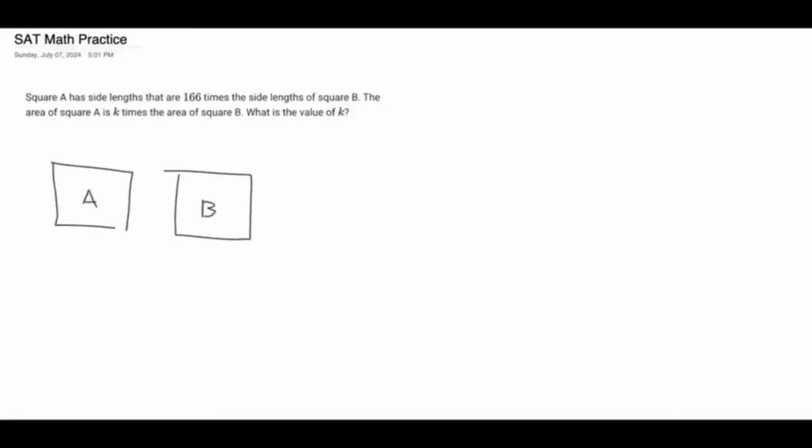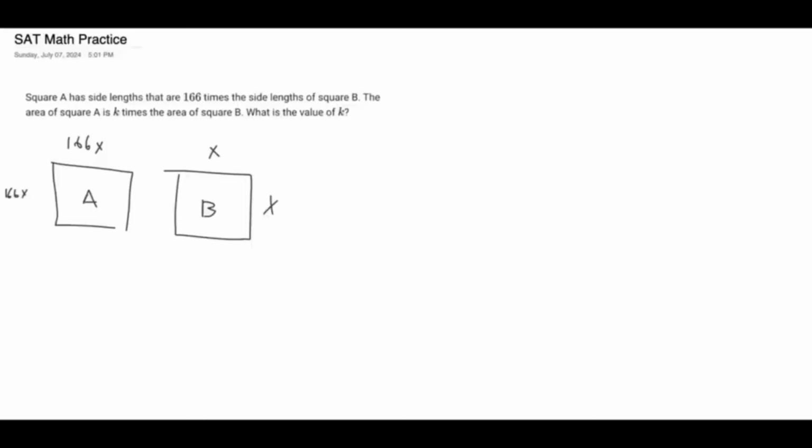Right, and we know the side lengths of A are 166 times the side lengths of B. So if the side lengths of B are x, then A would be 166x. I'll just put those on both sides. To find the area of a square, we'll just do length times width.